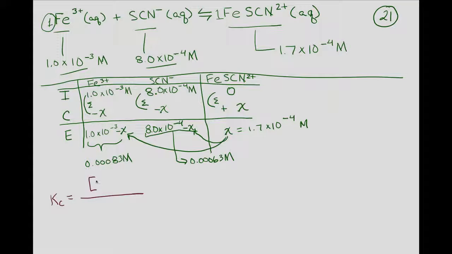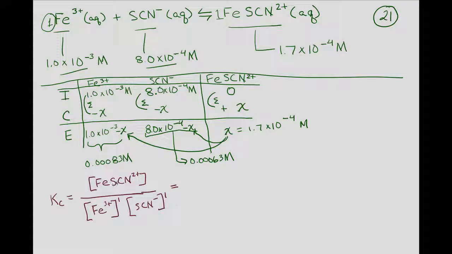So it is the concentration of FeSCN2 plus over the reactants, 1 Fe3 plus, so Fe3 plus to the 1, times SCN minus. This is the concentration of SCN minus to the 1 power, because that's a 1 there, which doesn't change anything.